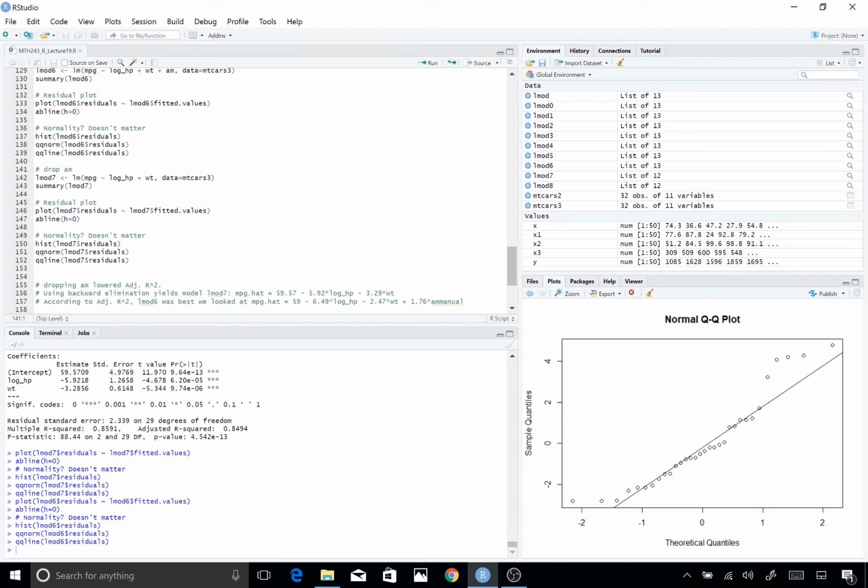There are various models you can come up with. If you're going for the most simple explanation for miles per gallon, you might stick with model 7. Or you might prefer model 6 because it has the highest adjusted R squared, which means the highest predictive power, though there's not much difference between the two.